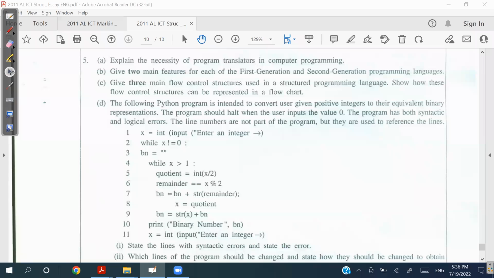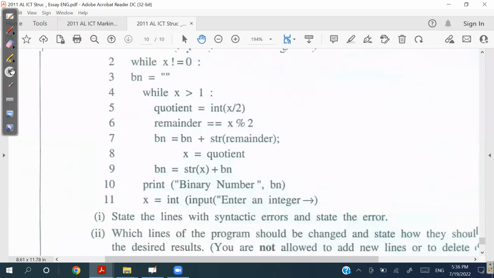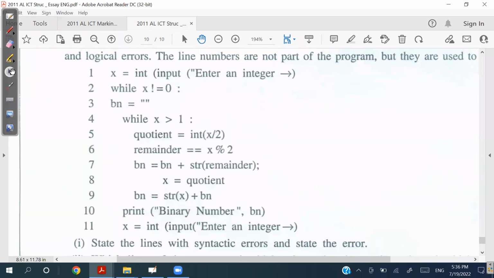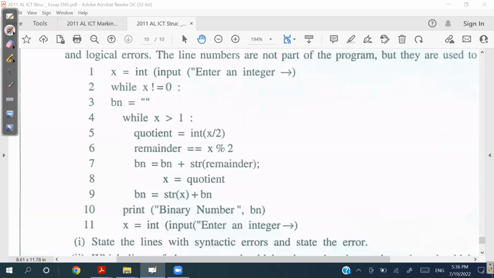If you look into this closely, there are several syntax errors that you can find. So the first syntax error is this. Here they have opened 2 brackets, but there is only one closure.